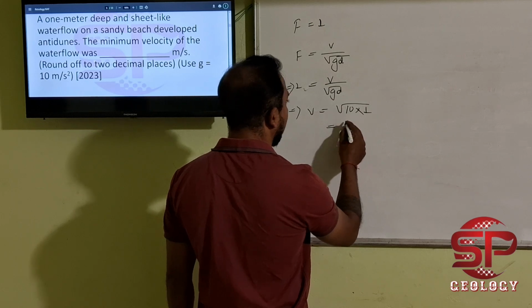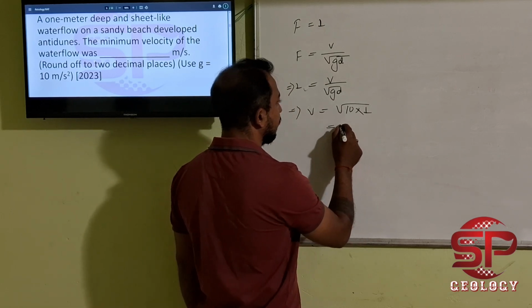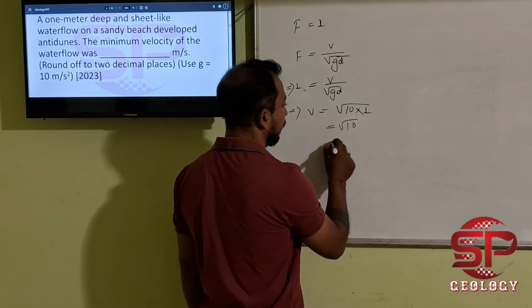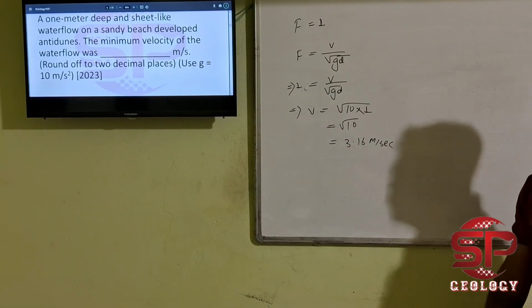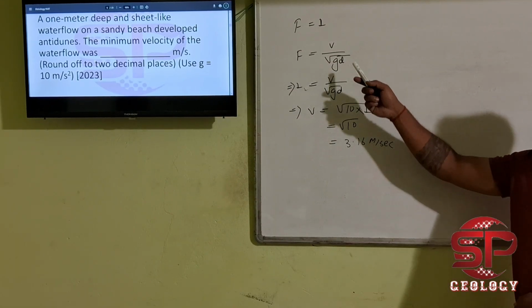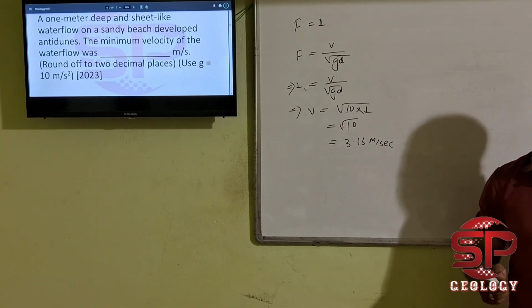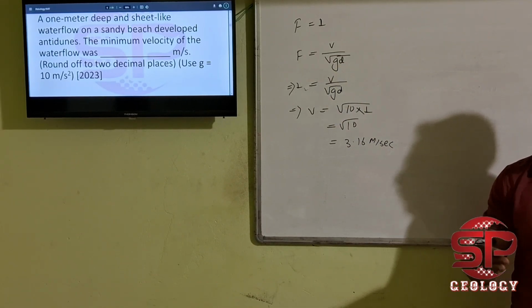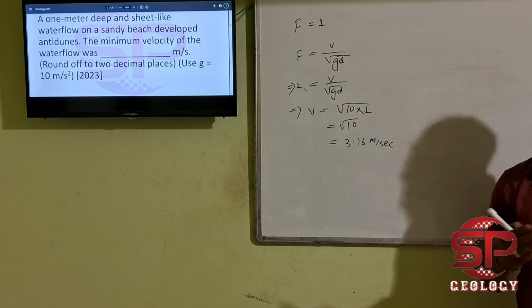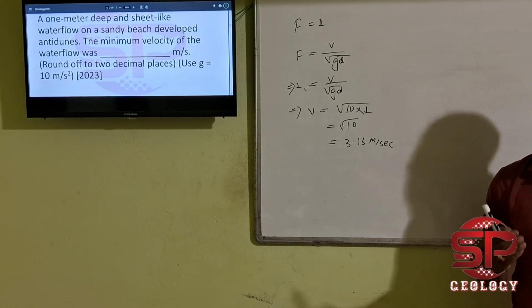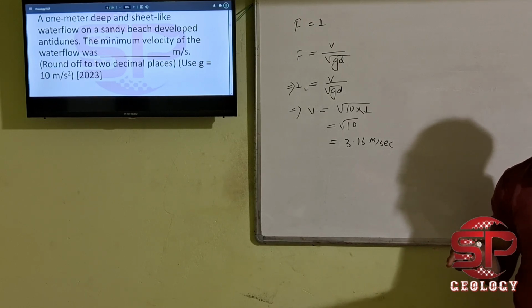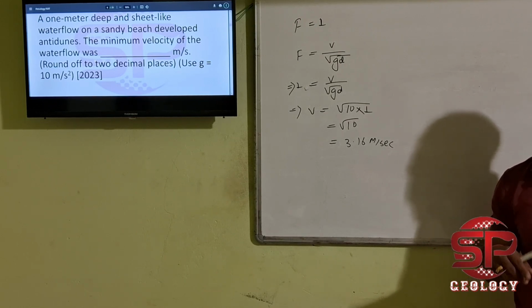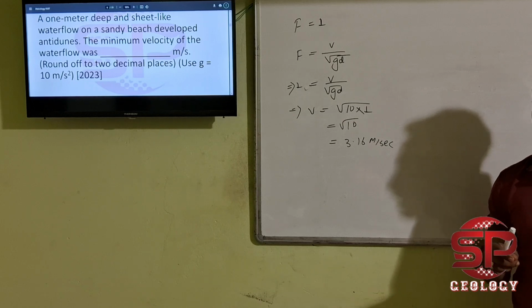So it will be root over of 10, which is 3.16. So Froude number is 1 because it is an upper plane bed; if you increase the velocity of flow on upper plane bed, it will convert to antidune. So it is asked what was the flow velocity during upper plane bed condition.